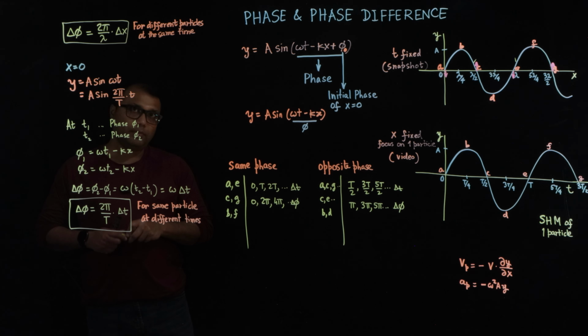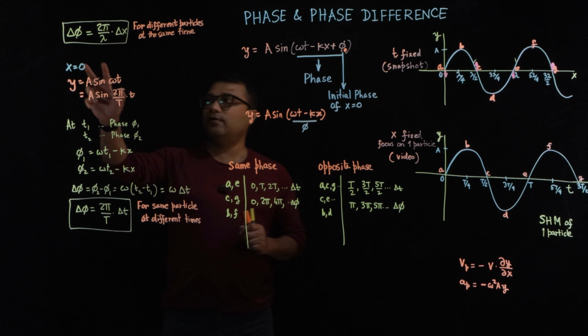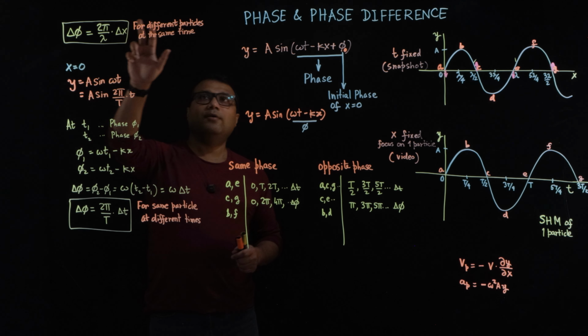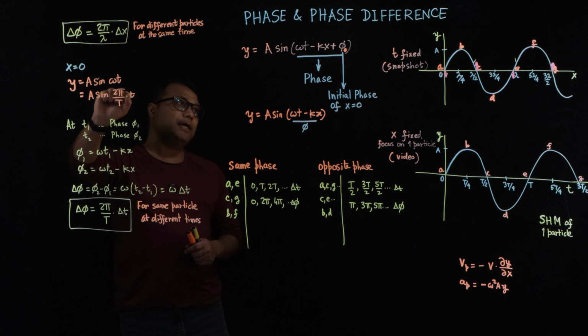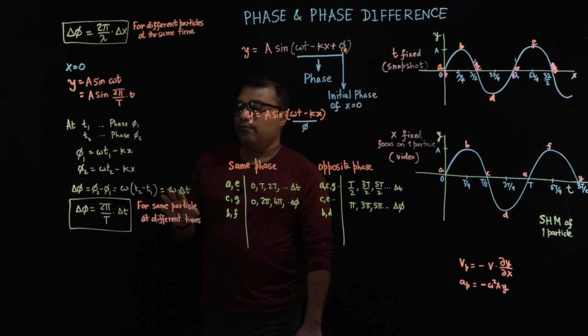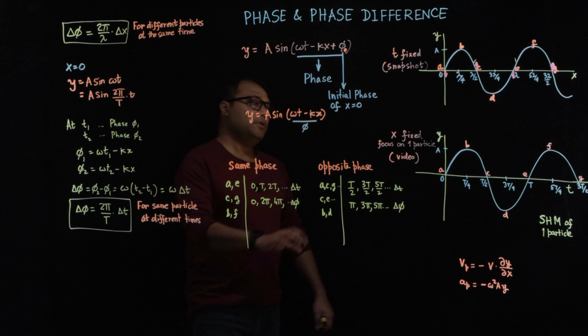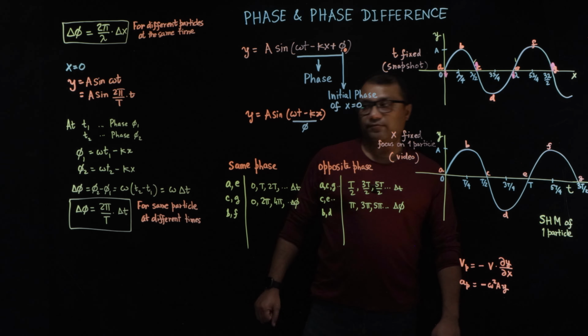Okay. So now you know what is a phase. Second, you know the phase difference for different particles at the same time. You are looking at a y-x graph. For phase difference for the same particle at different times, you are looking at a y-t graph.